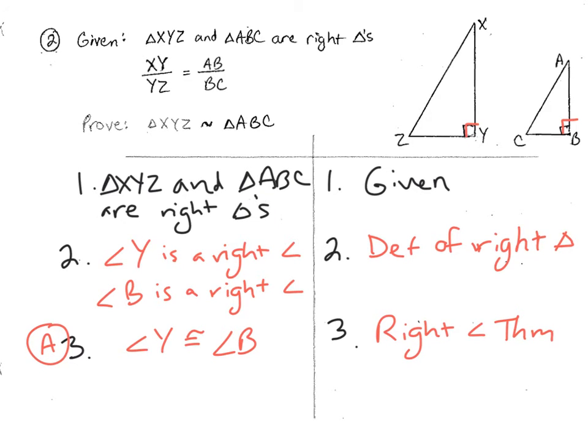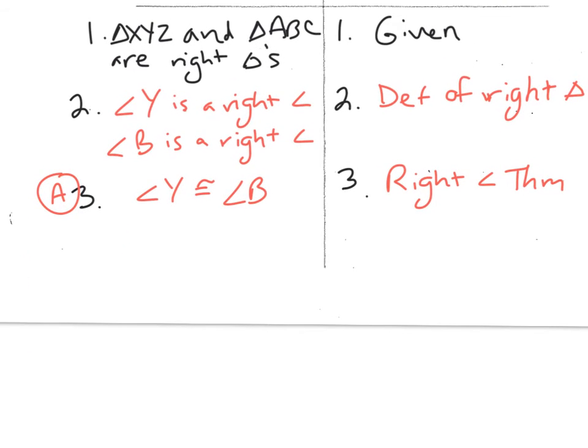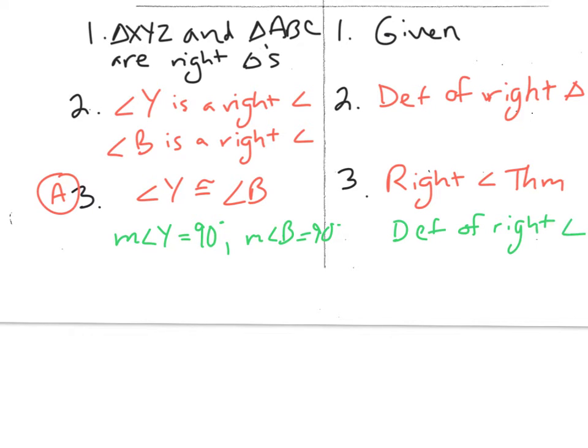Other option, so not to make this longer than it has to be, but if you're not familiar with that theorem, then we could be saying measure of angle Y equals 90 degrees, measure of angle B equals 90 degrees, by my definition of right angle, since I have a right angle there and a right angle there.